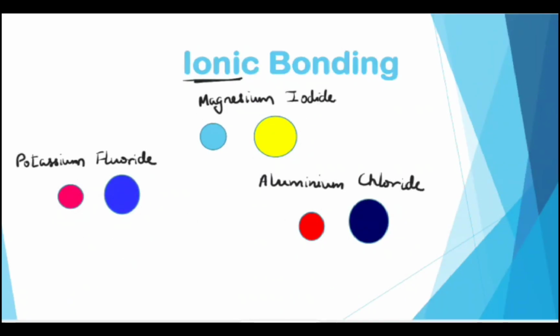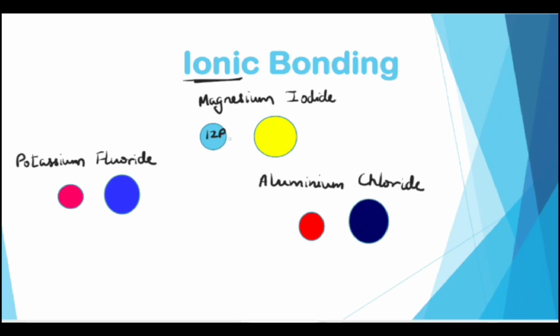Let's take the example of magnesium iodide. Magnesium is a group 2 element with how many protons? 12? Yes, 12 protons. I am not writing the number of neutrons because it is not needed out here.